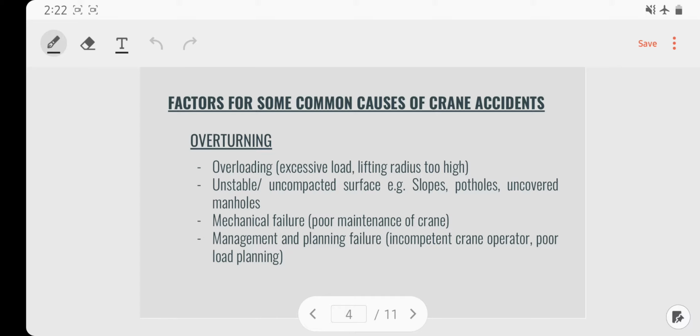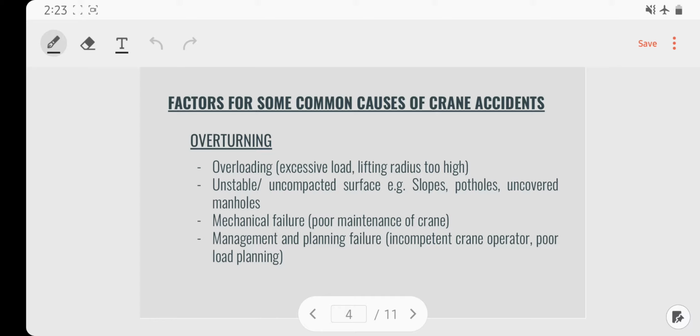Another factor of the overturning accident is usually management and planning failure. An example of management and planning failure is when your crane operator is not properly trained or is incompetent.